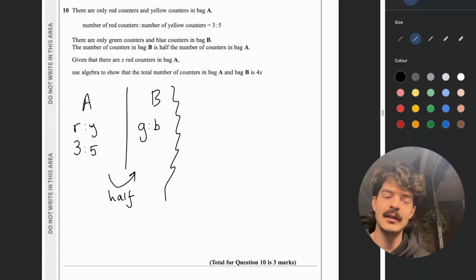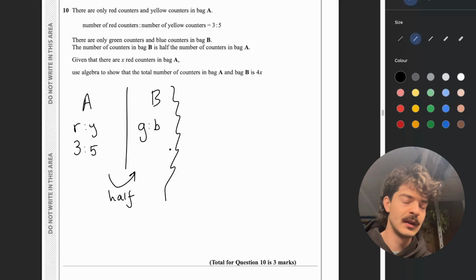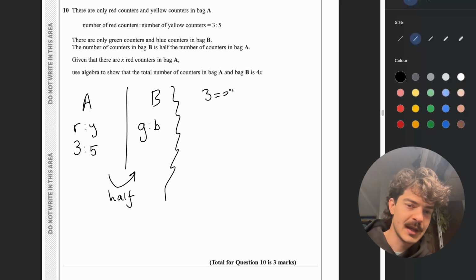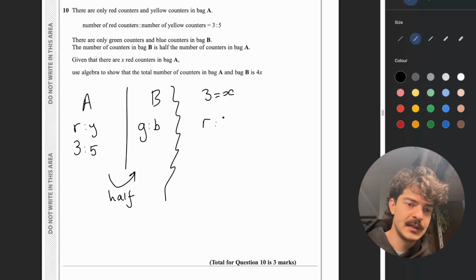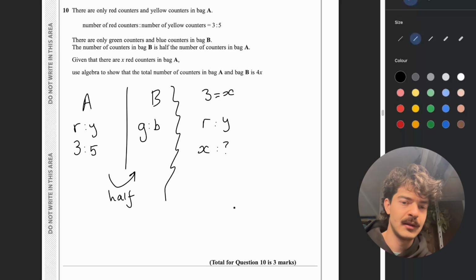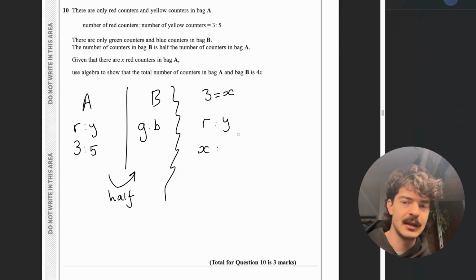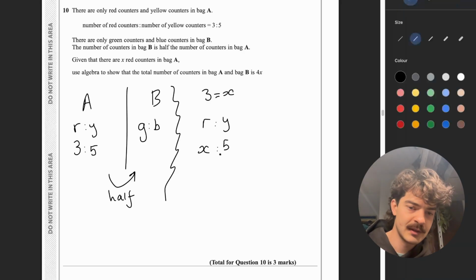Is that the nicest way of doing it? No, actually, I don't think so. I'd argue that the nicest way of doing it is treating 3 as though it equals x. So we can now say that red to yellow is going to be x, but what's going to be here? Well, actually, it's quite trivial, isn't it? It's just 5 over 3x, right?